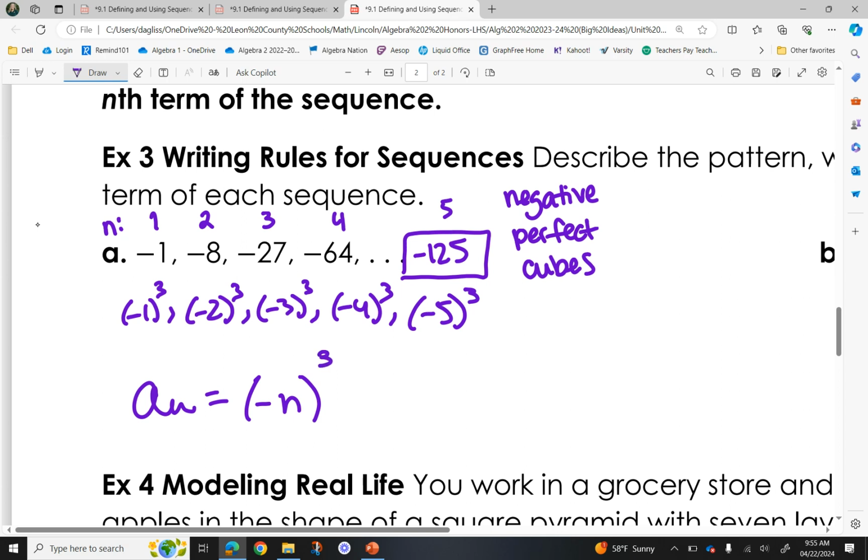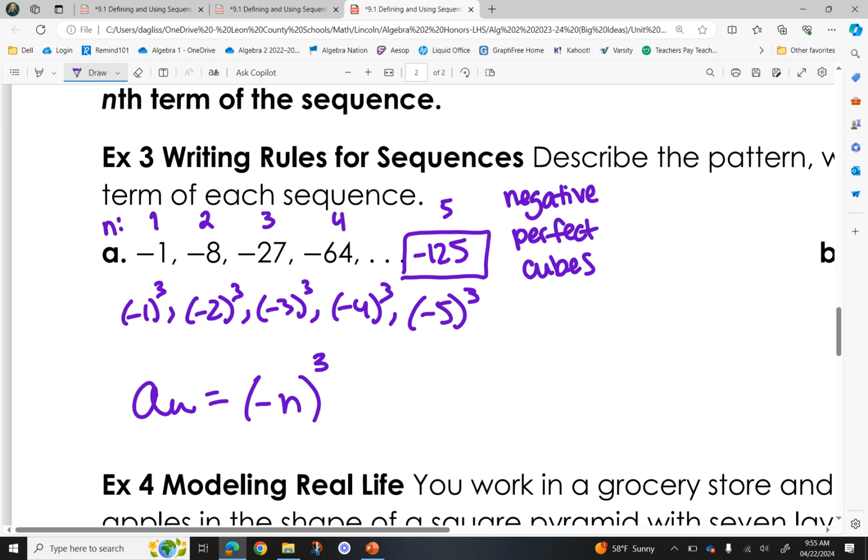What's up? It does though. But cubing it keeps it negative anyway, so it doesn't have to be in parentheses. So, like, -2 cubed is what you're saying? Would be okay to not put it in parentheses? Yeah.